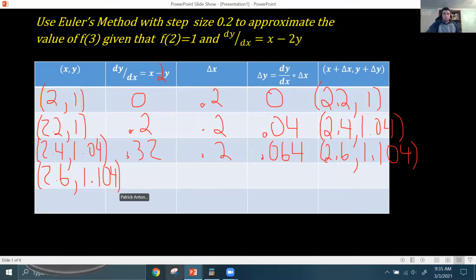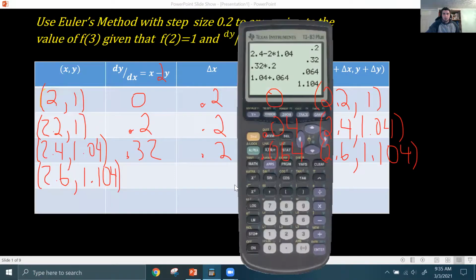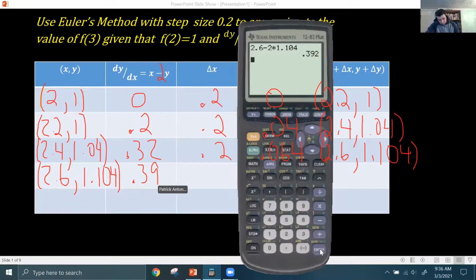All right, so now our dy dx is going to be our x value, 2.6, minus 2 times 1.104, 0.392. Our delta x is always going to be 0.2.